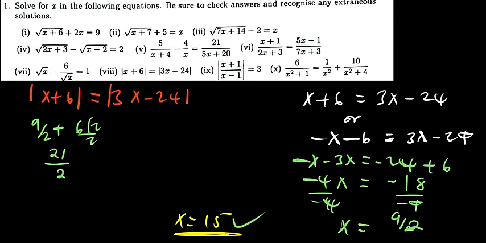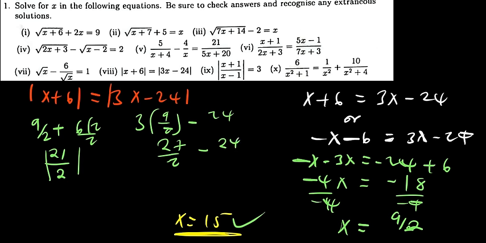That is the left hand side. Let's see that side. 3 times 9 over 2 minus 24. So 3 times 9 is 27 over 2 minus 24. So 24 is the same as you put 48 over 2.